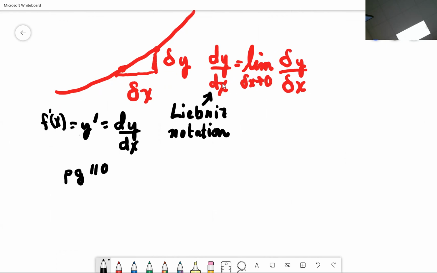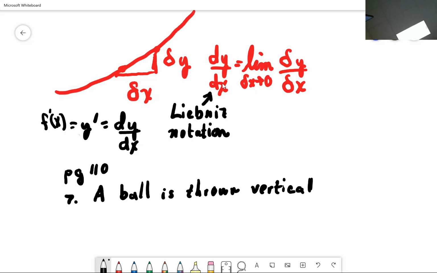It says, number 7, a ball is thrown vertically upwards. You're going to throw it like this, right? Vertically up.